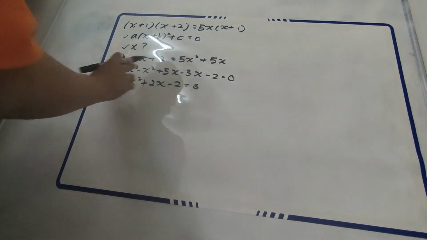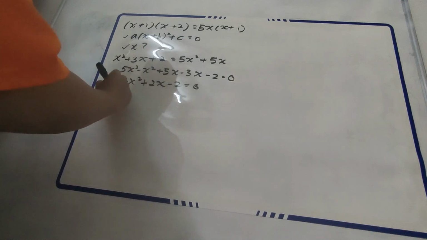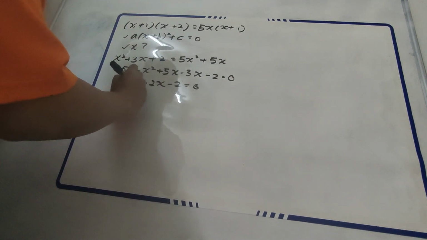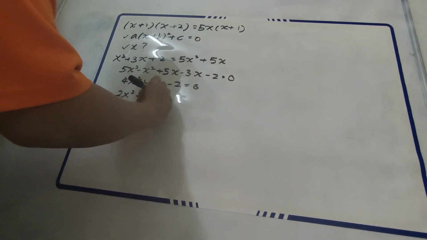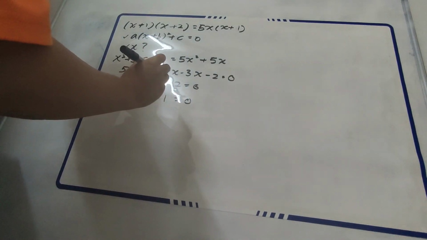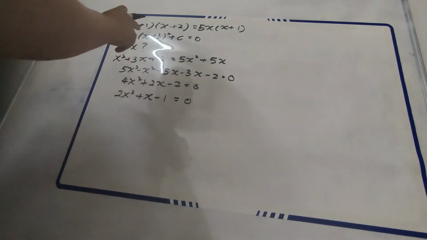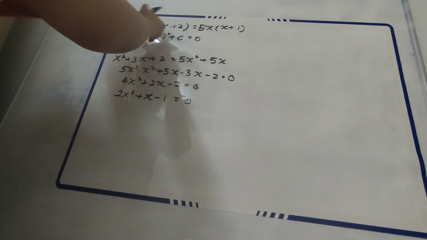You can divide both sides by 2. Continue to simplify: 2x squared plus x minus 1 equals 0. Now you can see the form here, (x + b) squared.